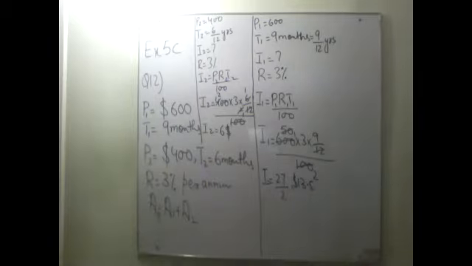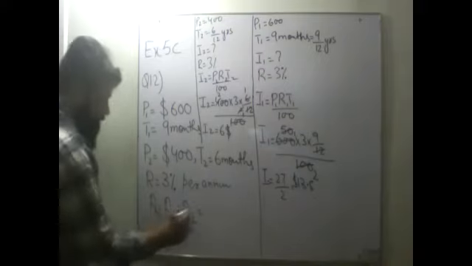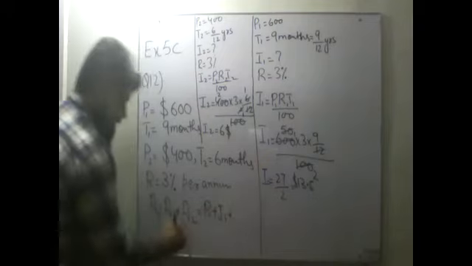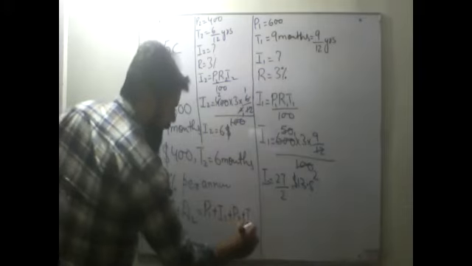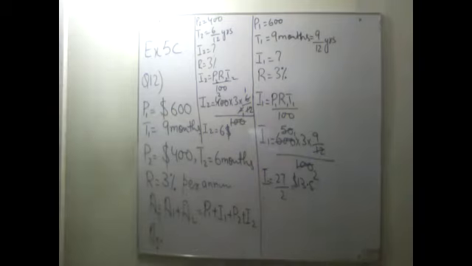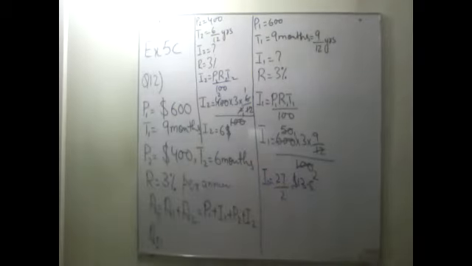Now I have to find A1 plus A2. So what's the A1 formula? P1 plus I1. What is the A2 formula? P2 plus I2. I'm putting all the values together. P1 is 600 and I1 was coming 13.5.